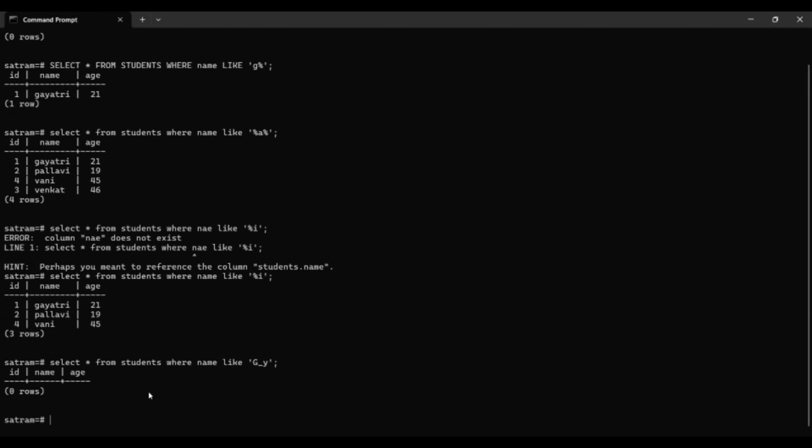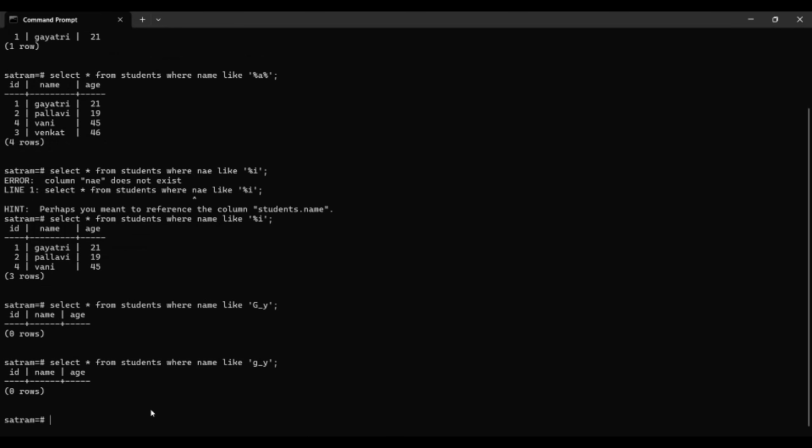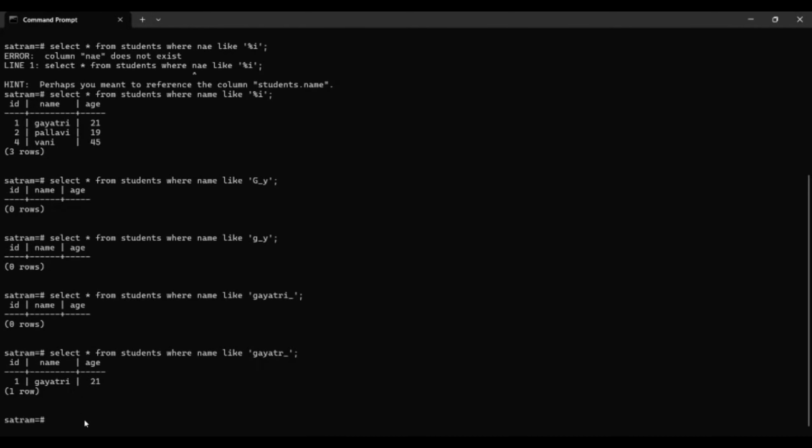Next example. Name LIKE G underscore means there will be only one character in between. We don't have any name like capital G underscore Y, and also we don't have any name like G underscore Y. In the next example, Gayatri underscore, after Gayatri there is nothing, so zero rows.